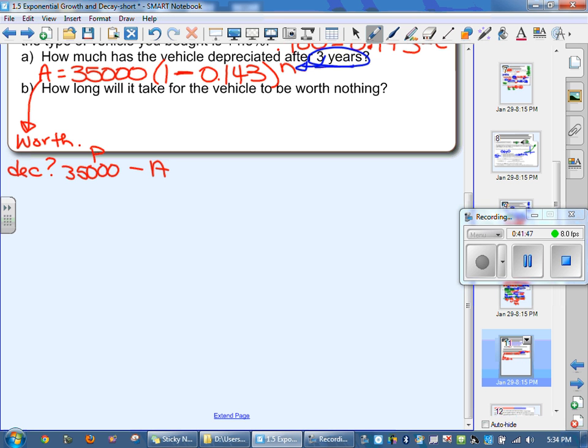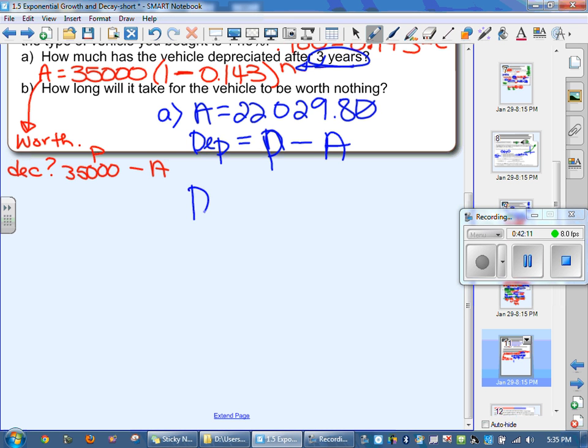So now I need to find the depreciation. So depreciation is equal to P subtract A. So my depreciation money amount is going to be $35,000 subtract my $22,029.80.